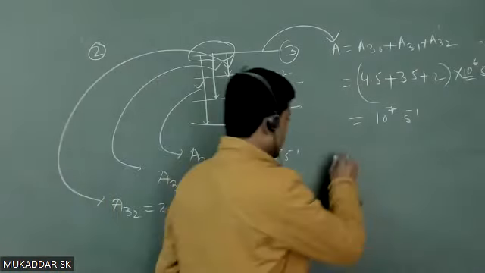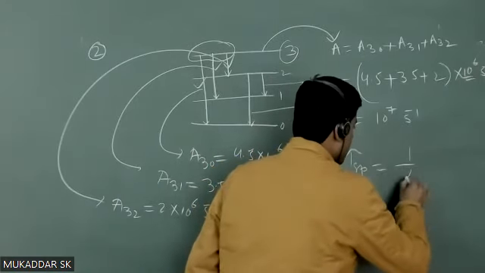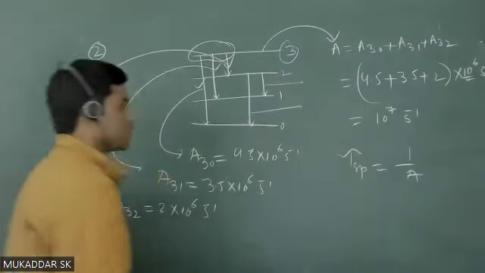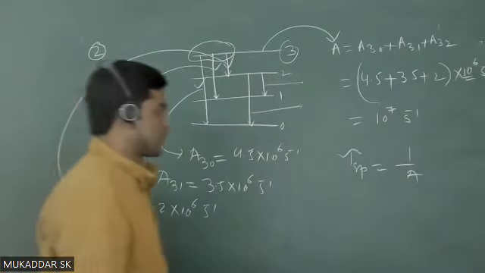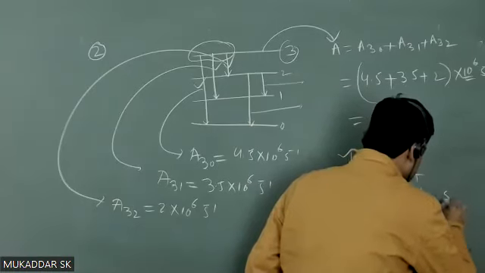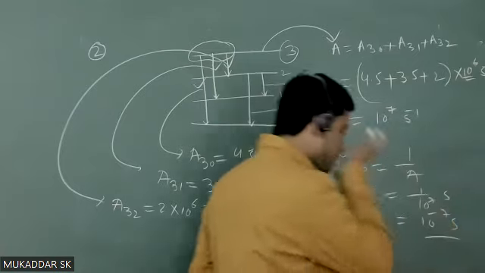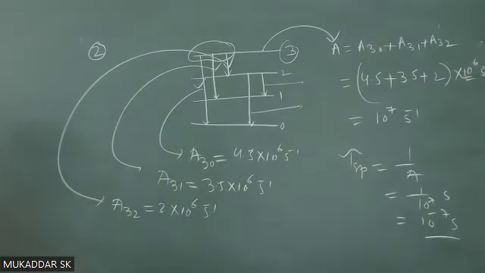So now I can calculate the lifetime of level 3. This is 1 by A, and A we know, so this is 1 by 10 to the power 7 second. So basically this is 10 to the power minus 7 second. Is this clear to all?